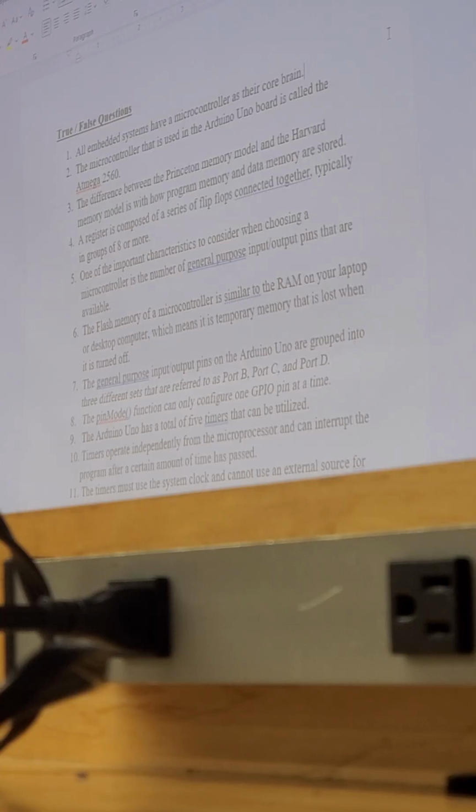Question number 11 was asking about the system clock. This one we didn't really touch on as much, but ideally you might have been able to piece some things together if you had looked at the timer table. When we're talking about the clock select bits, you'll see that there are some options for external clocks.